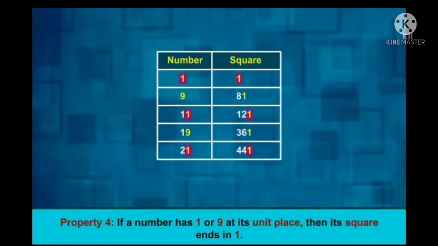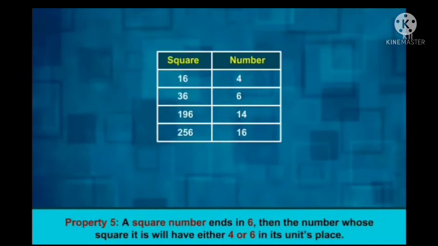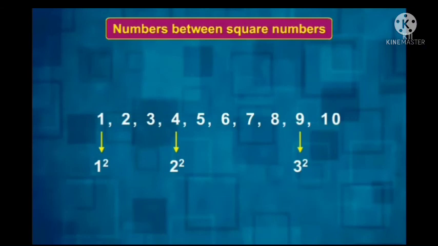Now if you look at the square of a number ending with 4 or 6, it will have 6 in the units digit, which is even. So you can say that if a number ends with 4 or 6, in the square number the unit digit will always be 6.